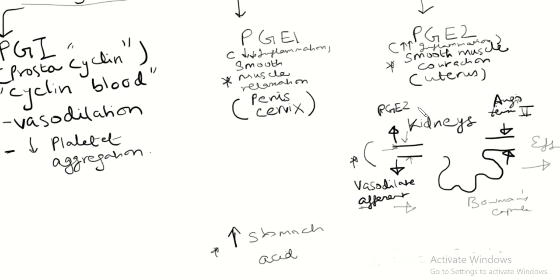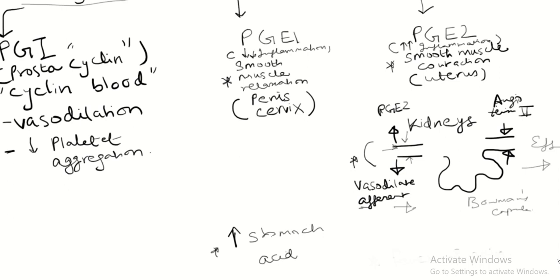The other thing PGE2 does is vasodilate the blood vessel that's coming into the Bowman's capsule in the kidney, so it increases the blood flow. So anything that blocks this will vasoconstrict the blood vessel coming into the Bowman's capsule, decreasing the blood coming in and affecting the glomerular filtration rate.